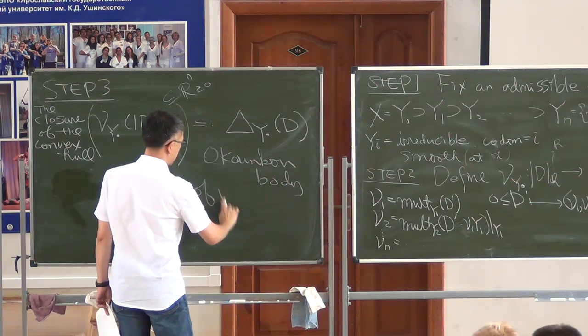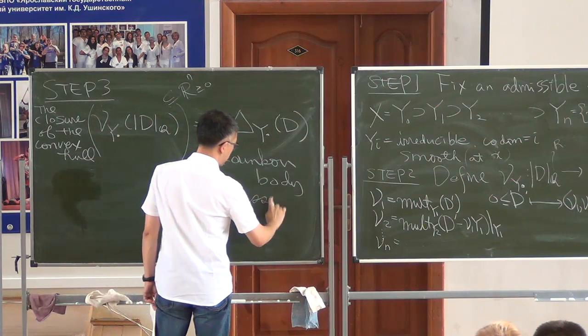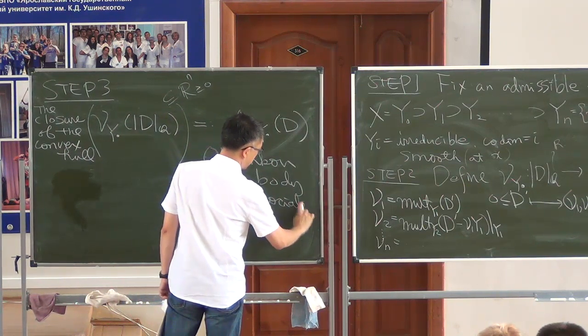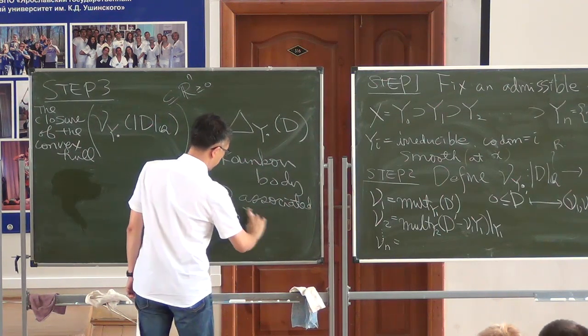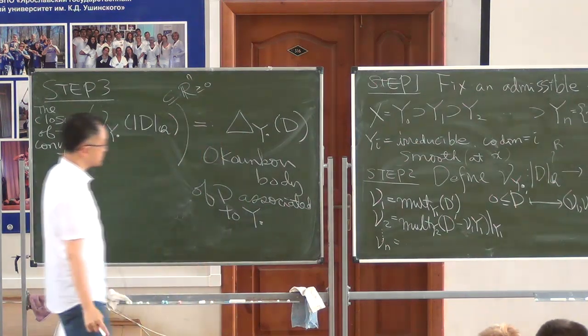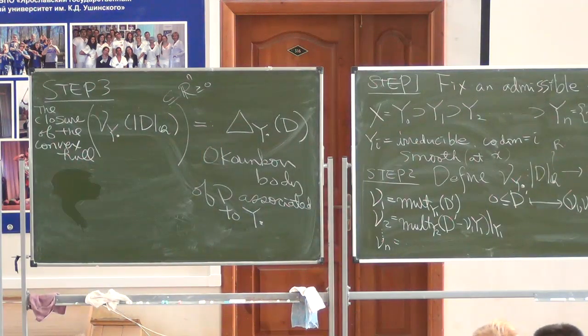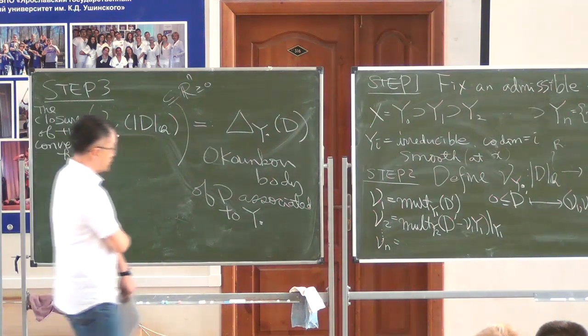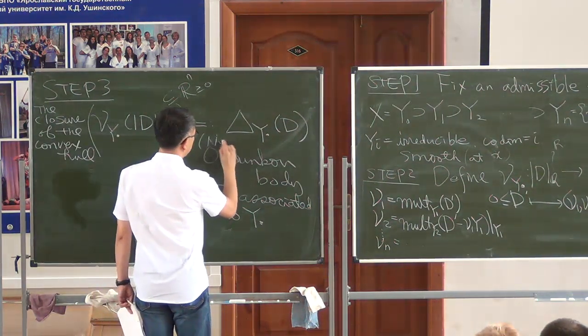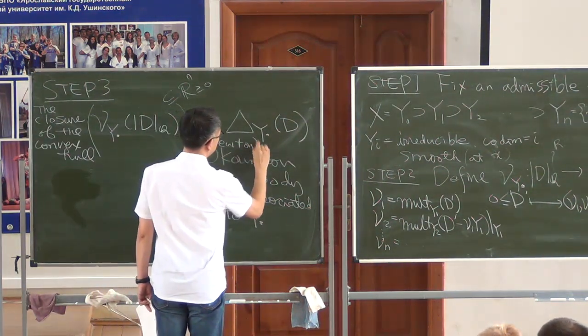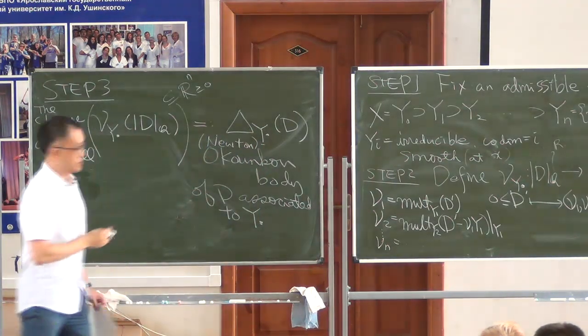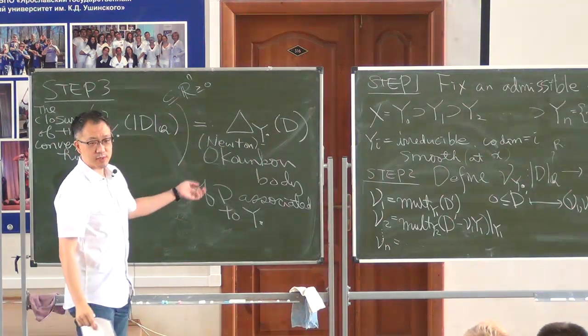And the notation is this: Δ_Y(D), the Okounkov body of D associated to Y. In some papers they put Newton-Okounkov body, but they are actually the same thing.